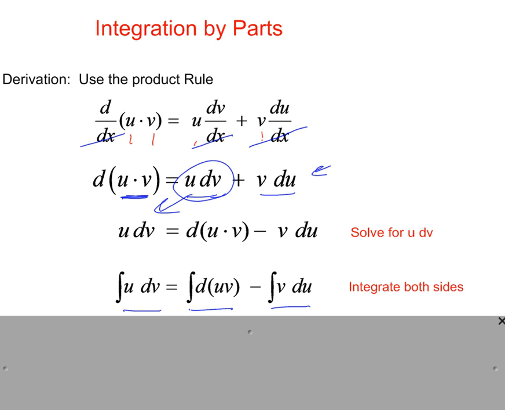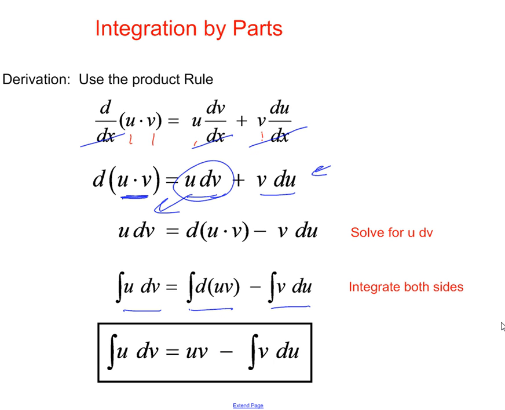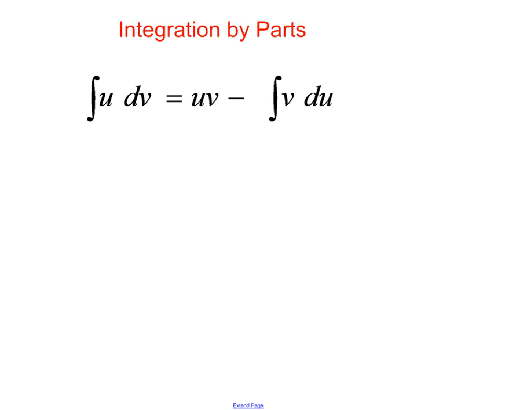One more step: we now know that the integral of the derivative of uv gives me just u times v. So we have this formula, which will also be on the next page. Integration by parts looks like the integral of u dv equals uv minus the integral of v du.